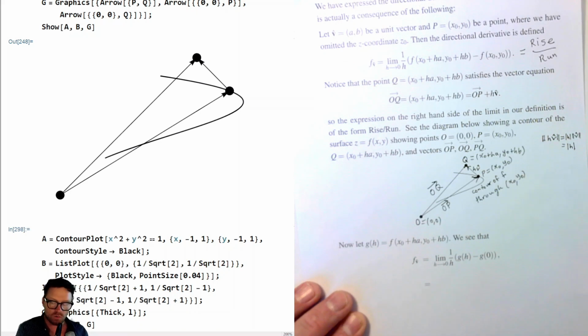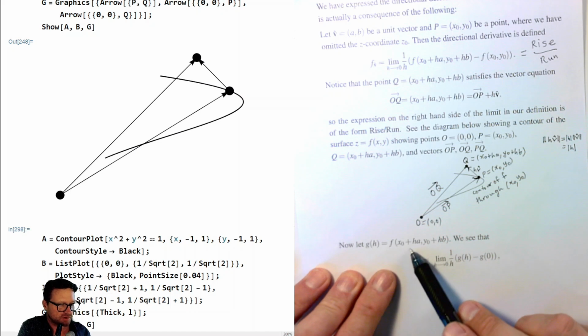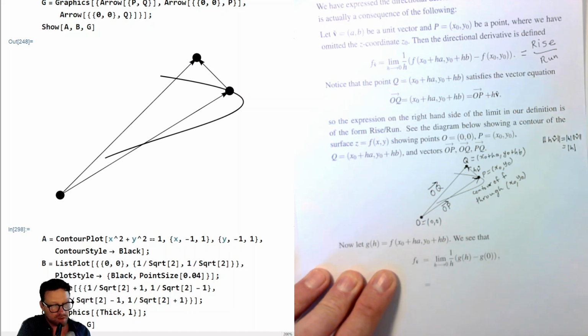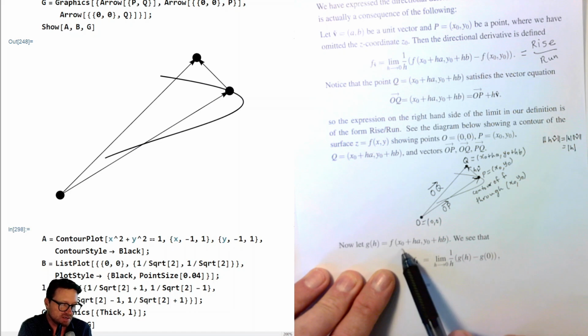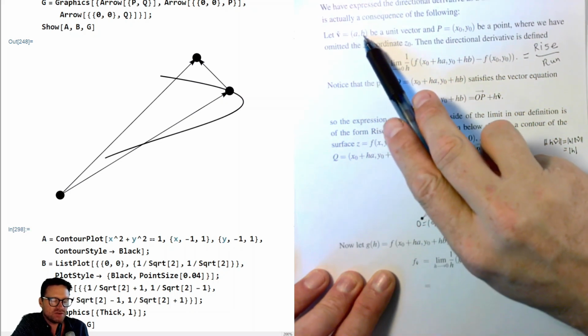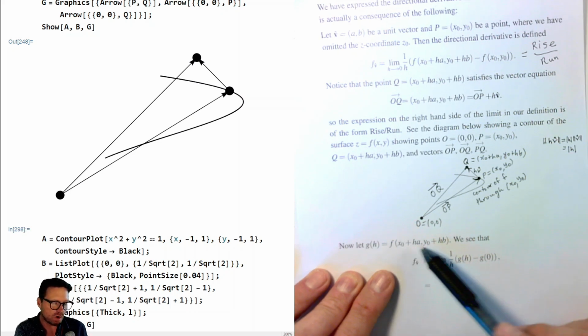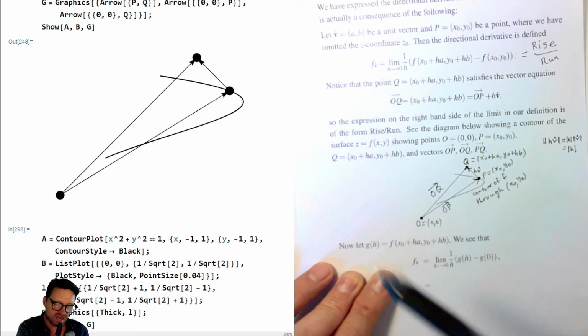What we want to notice first is that this is a function of h. Presumably x0 and y0 are numbers, and a and b, the coordinates of that unit vector v hat, are also numbers. But h here is a variable, and so what we have is a function of h.